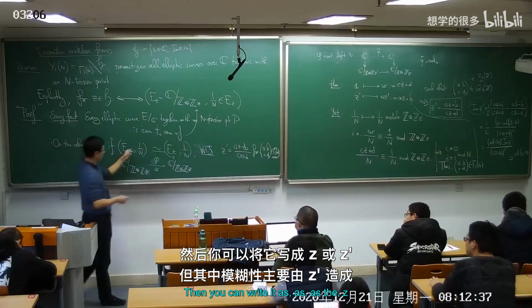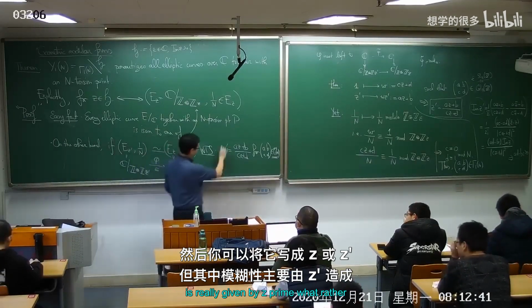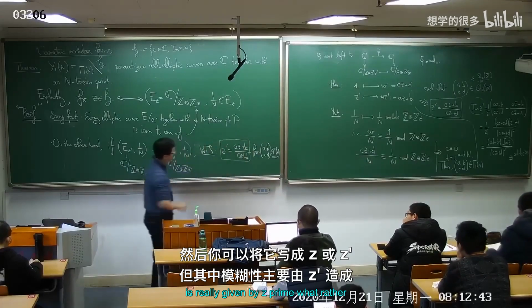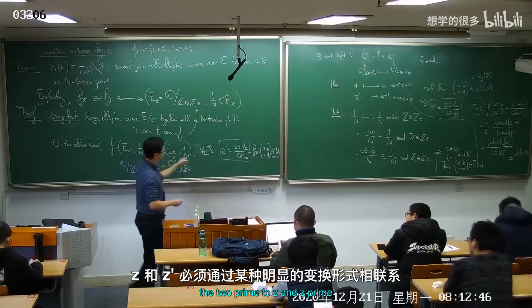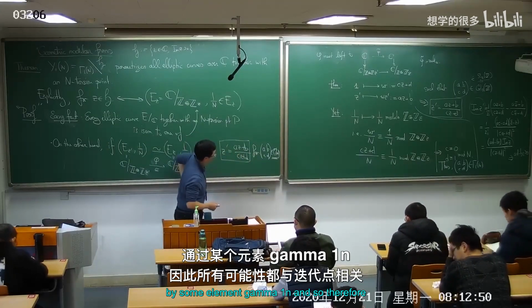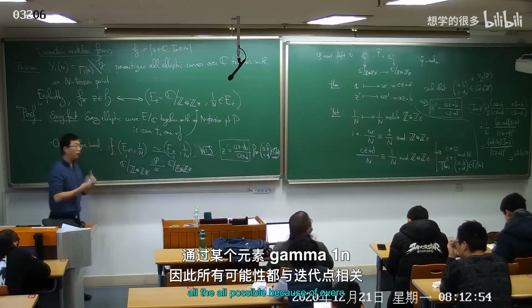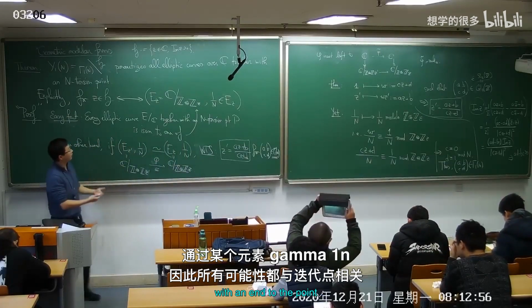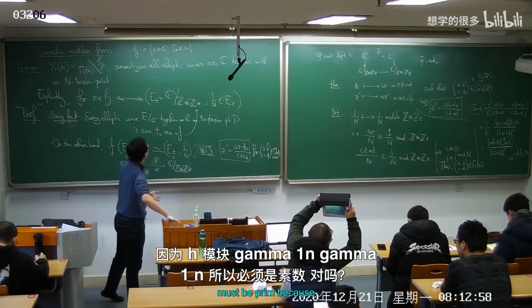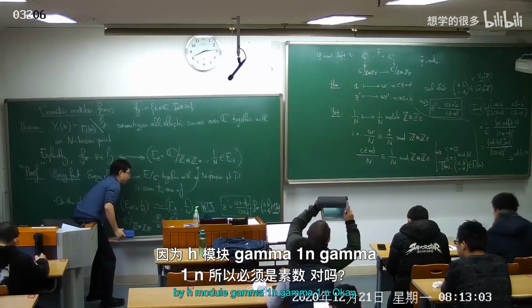Namely, you can write it as Z or Z prime, but the two parameters Z and Z prime must be related by a Mobius transform by some element of gamma 1n. And so therefore, all possible curves over C with an n torsion point must be parameterized by H modulo gamma 1n.